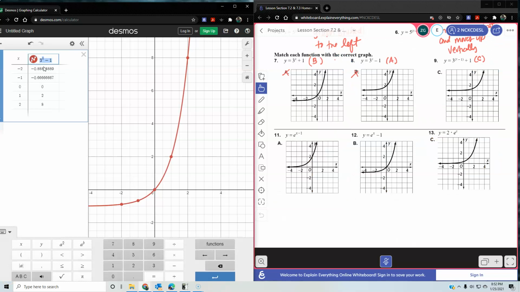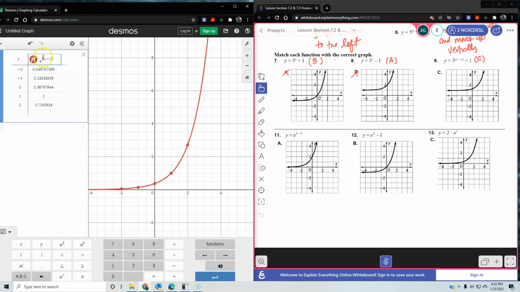I went ahead and added the power e, which is an irrational number. We have e raised to the power x. And we know that e to the power x minus 1 is going to shift not to the left, but it's going to shift to the right. So what I'm going to do is I'm going to show you here using Desmos, x minus 1.